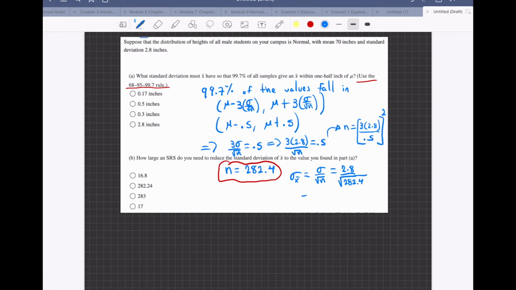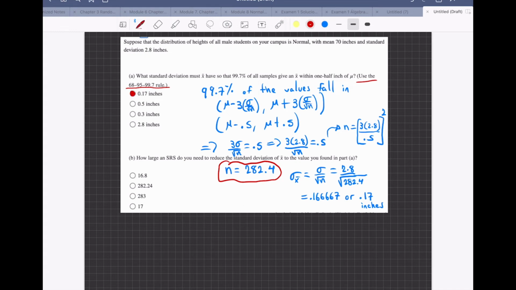And you will have 0.1667, or if you round it up, it's going to be 0.17 inches. So the answer is this one.